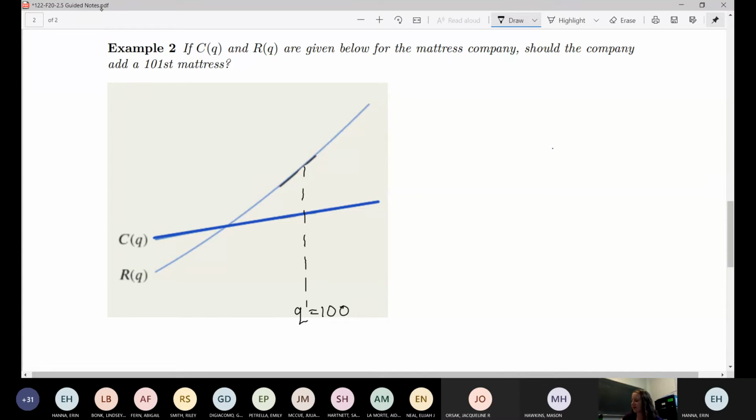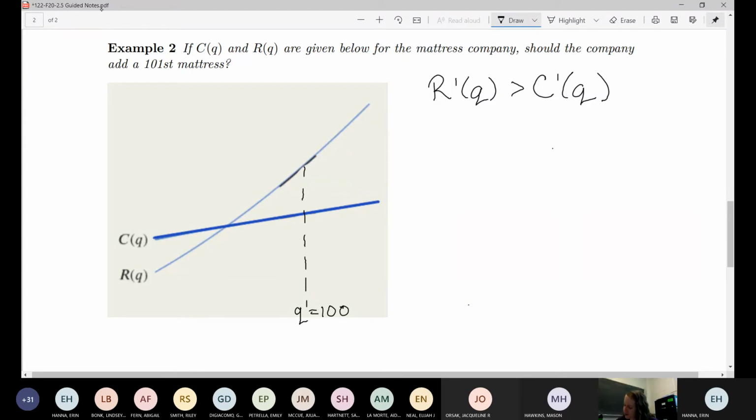Well, we only have cost and revenue, and we don't have any values, so we can't really find the value of profit here. So instead of thinking about the fact that we would want marginal profit to be positive, this is the piece where we want to pull out the fact that that's equivalent to saying that the marginal revenue is greater than the marginal cost. And if we think about what those values are, well, remember the derivative is a slope.